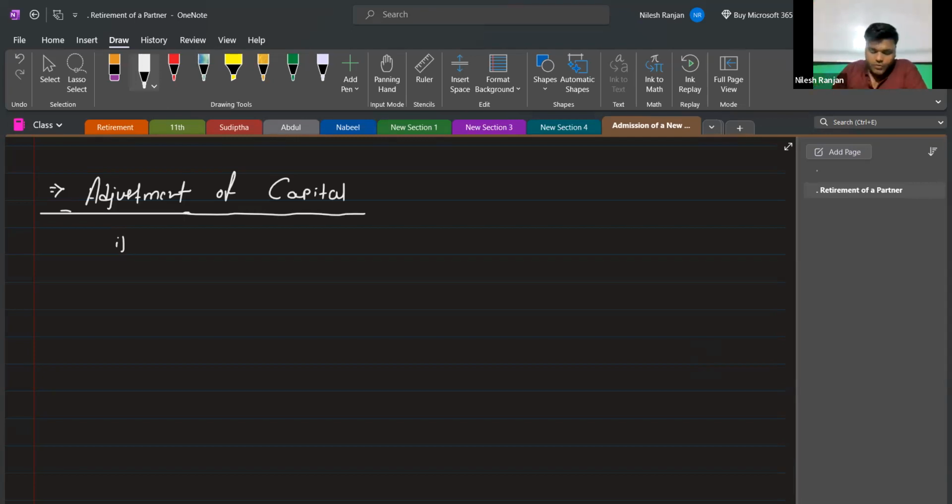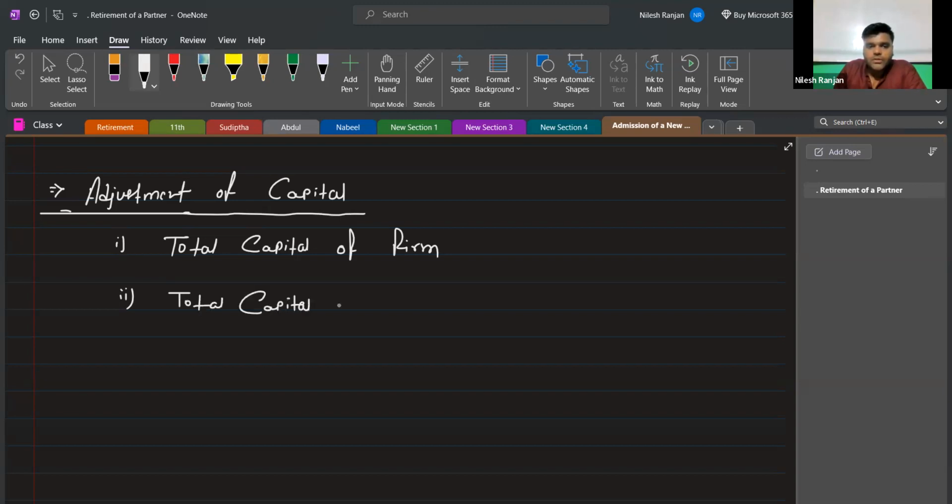So, adjustment of capital. The first case is where you will be given the total capital of the firm. The second case is where the total capital of the firm is not given.